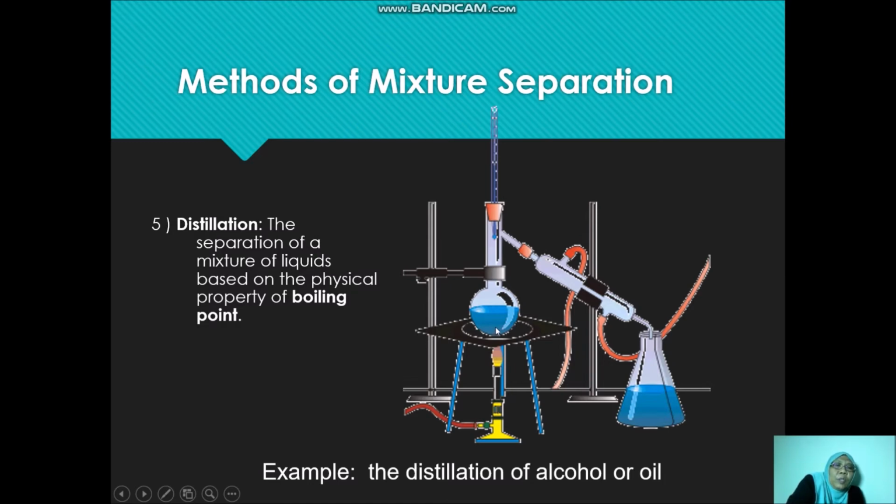First you heat the seawater in the flask, and then the water will evaporate and go to the cooler. In the cooler, the water gas will change to liquid and go into the Erlenmeyer flask. This is the pure water. In this case, you have already separated pure water from the seawater. In daily life, distillation is used in distilling alcohol or oil.